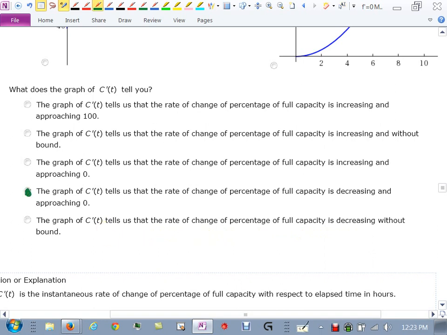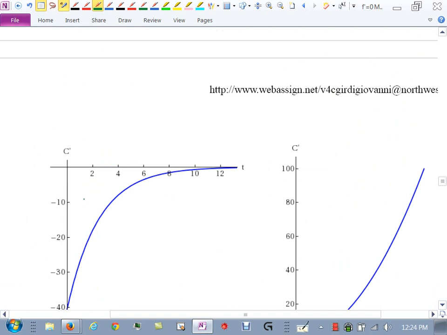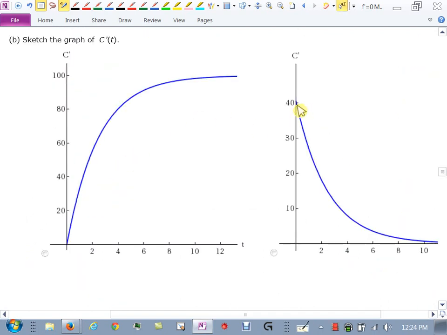Now, the reason why is that the rate of change, the derivative, is decreasing. So as I look back up, it's approaching 0. What's happening is we're looking at the derivative here. As we move to the right, we start out positive. It is decreasing. It is going down and down and down, and it is approaching 0.